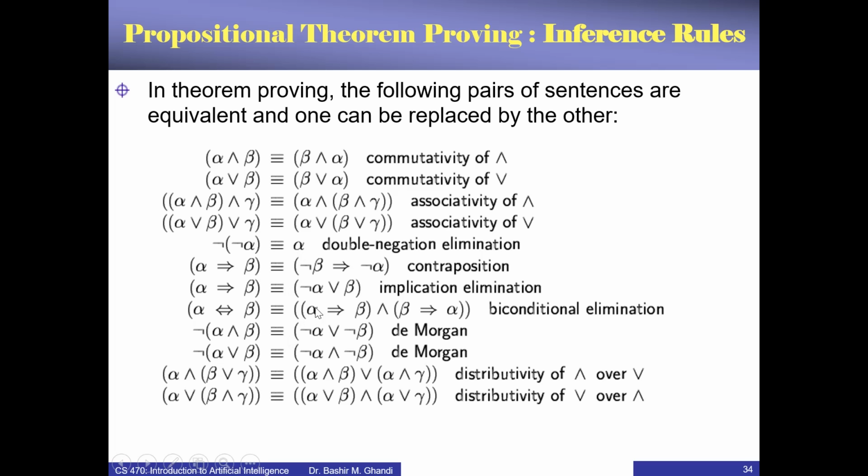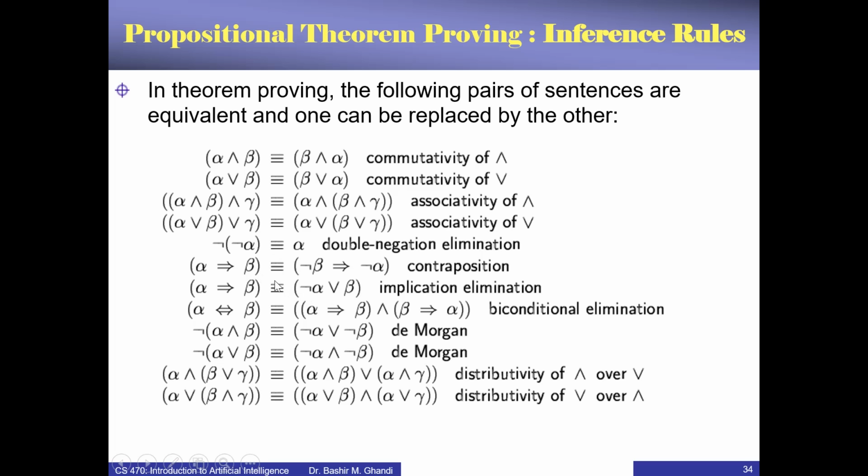And then there is contraposition. If alpha implies beta, then it follows that not beta implies not alpha. If you change the sign, then you can swap the beta to become the premise, and the not alpha to become the consequence.